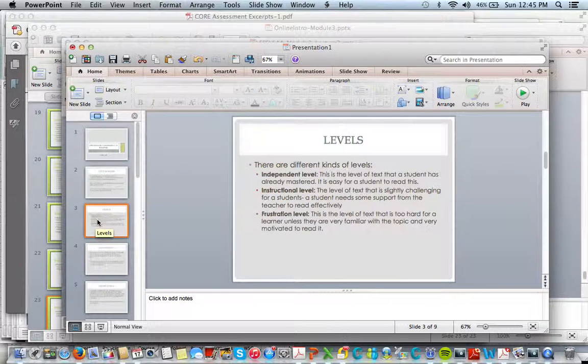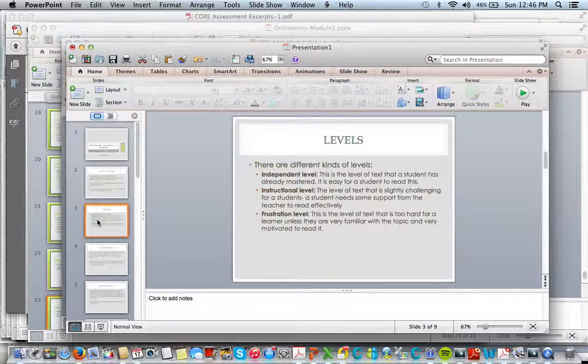Well, what do we mean by levels? There's three different kinds of levels that we talk about for any learner. One is an independent level, and the independent level just refers to the level of text. Usually with text we talk about first grade, second grade, third grade, that kind of thing.